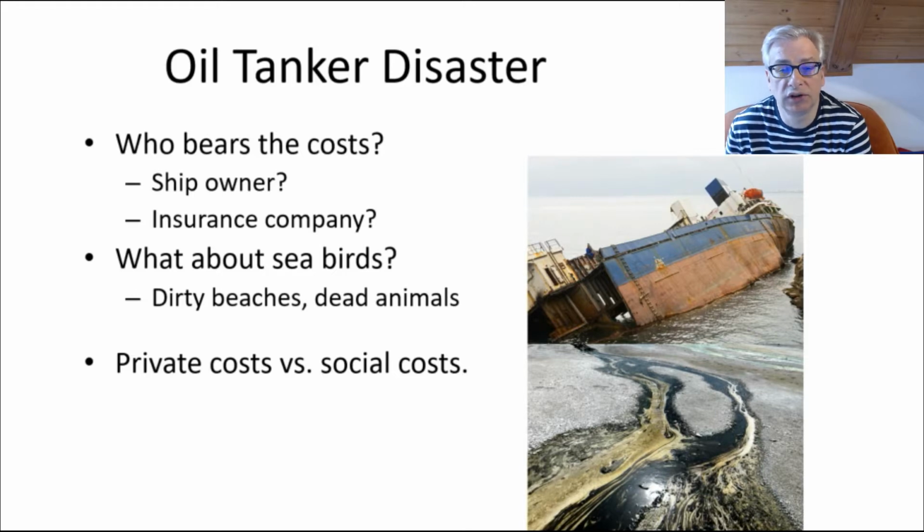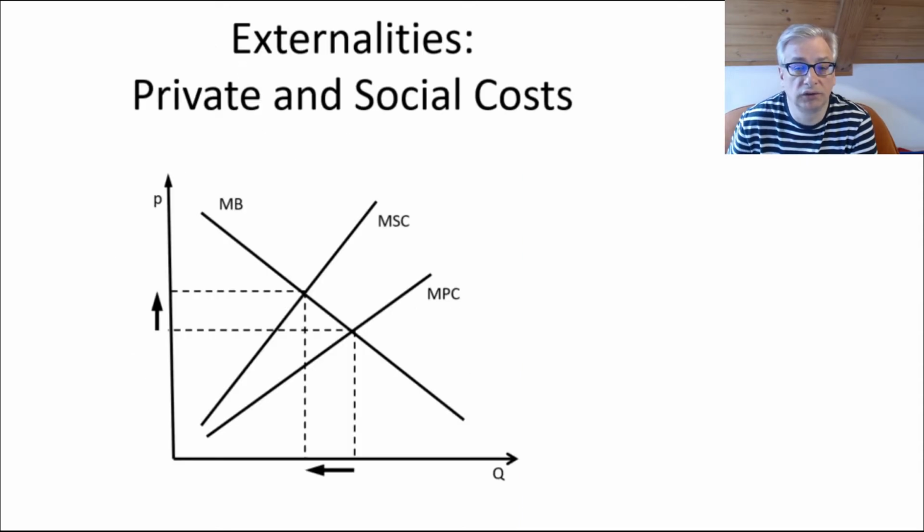However, you can see there are a lot of other costs that are not covered by private businesses. Beaches that got contaminated with oil, many dead animals, these are costs, but they are not private. They belong to the so-called social cost, which is a broader concept than just private costs. So what are externalities in fact? Look at the graph.